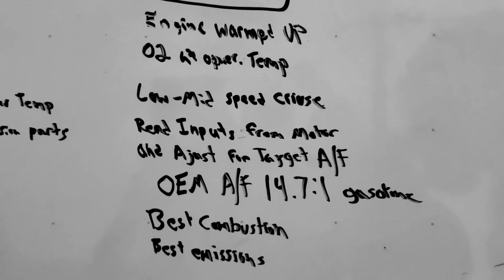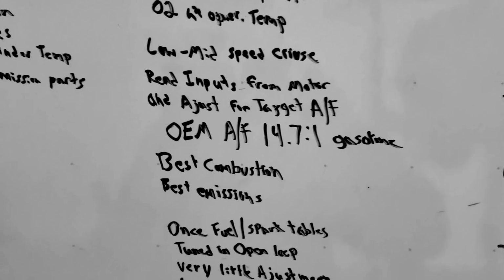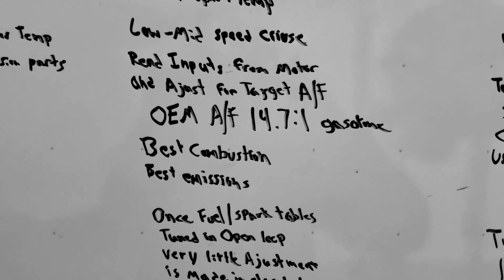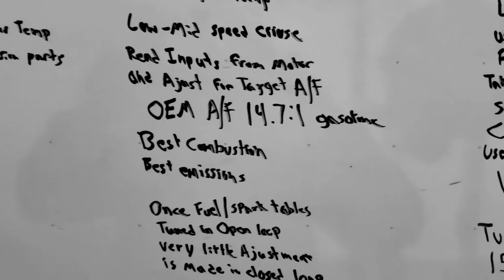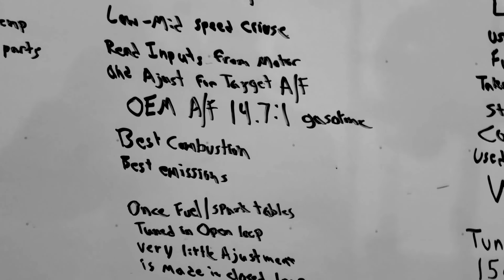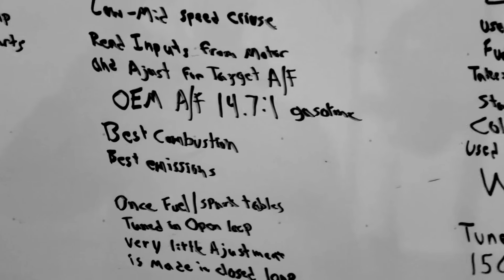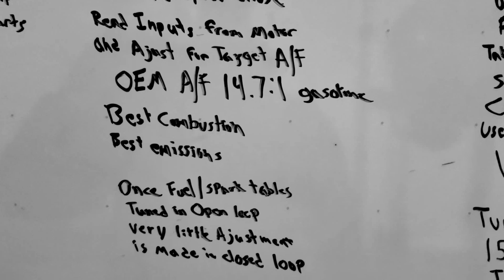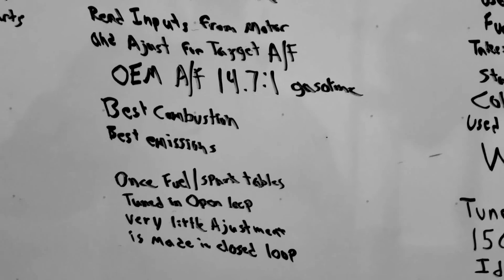It's usually used from low to mid speed cruise. It reads inputs from the motor sensors and adjusts to the target air-fuel ratio that the OEM manufacturers have set. This is the fuel ratio for gasoline that gives the motor the best combustion and the best emissions.